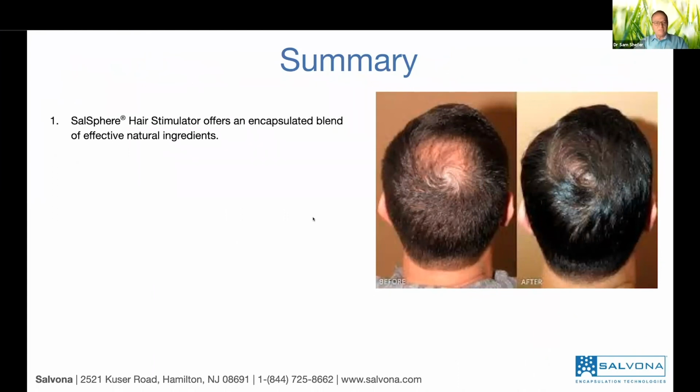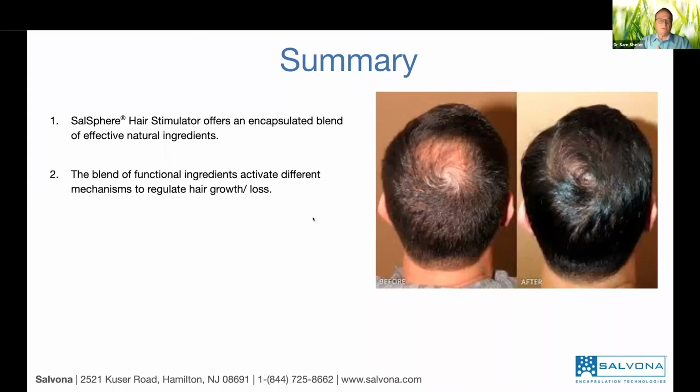So to summarize it all, what did we learn? That the SalSphere Hair Stimulator offers an encapsulated blend of effective natural ingredients. So we are looking for naturals in the beginning, and this is what we can offer.